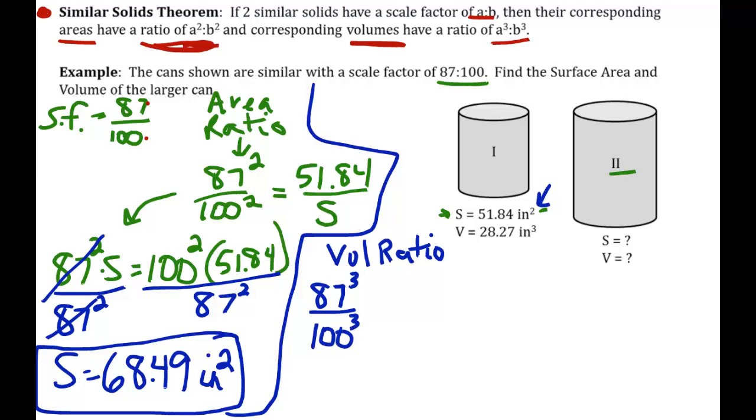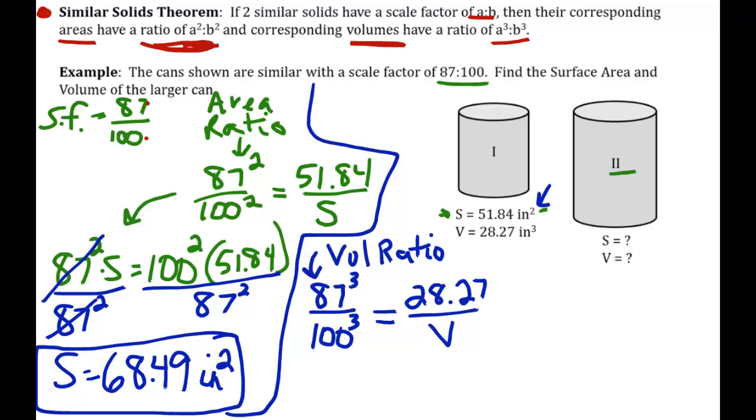So the volume ratio is 87 cubed over 100 cubed, and we set that equal to the actual ratio of volumes. Smaller on top, 28.27, over the one we don't know.